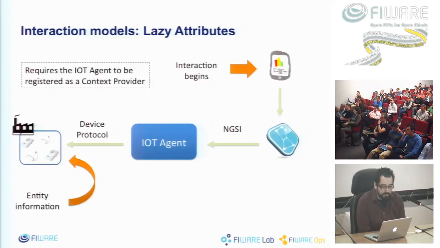The flow of the interaction is as follows. The interaction begins with the user making a context query or a context update to the context broker. The context broker reads the context provider registry, detects that the IoT agent is a provider for the information the user is trying to access, and forwards the NGSI request, the same NGSI request the user performed, to the IoT agent.